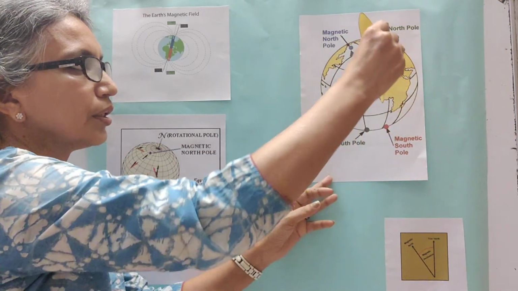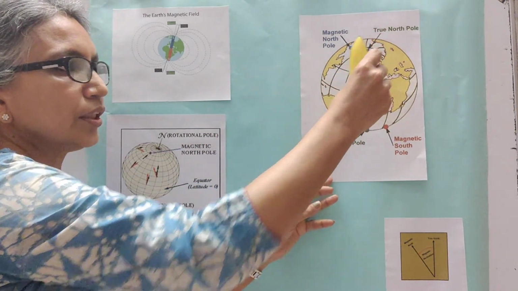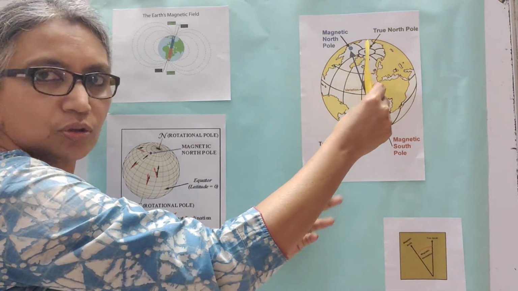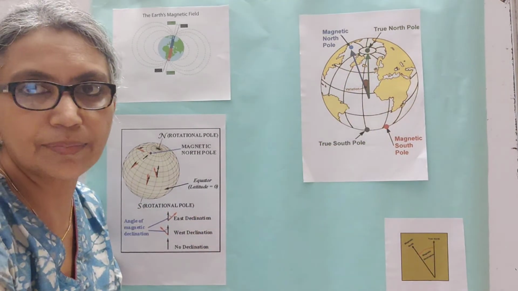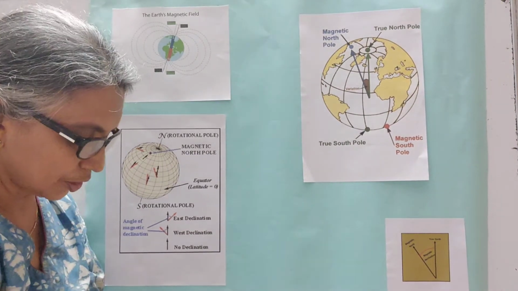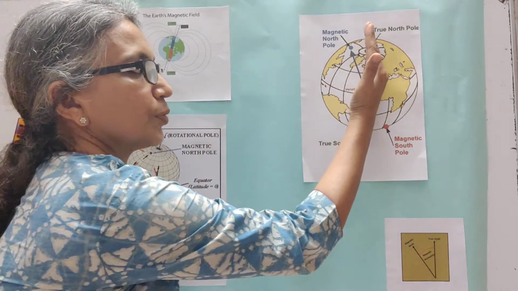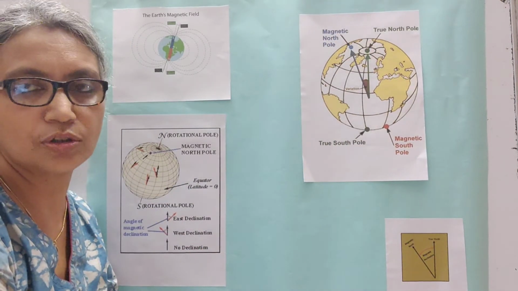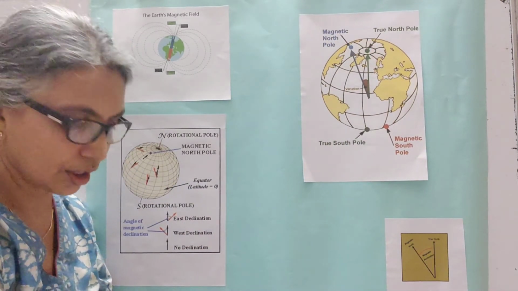If I cut a vertical plane which contains these imaginary magnetic field lines and passes through that place, that is called the magnetic meridian. The angle between the geographic meridian and the magnetic meridian is what you call the angle of declination.